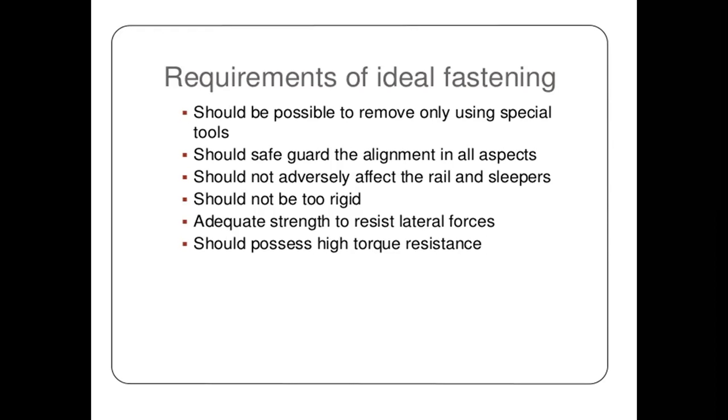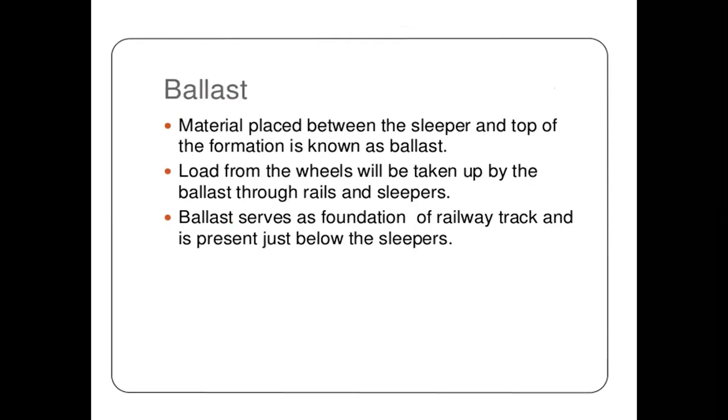So the ideal fastening should not adversely affect the rail and sleepers, and it should not be too rigid. It should have adequate strength to resist lateral forces and possess high torque resistance.